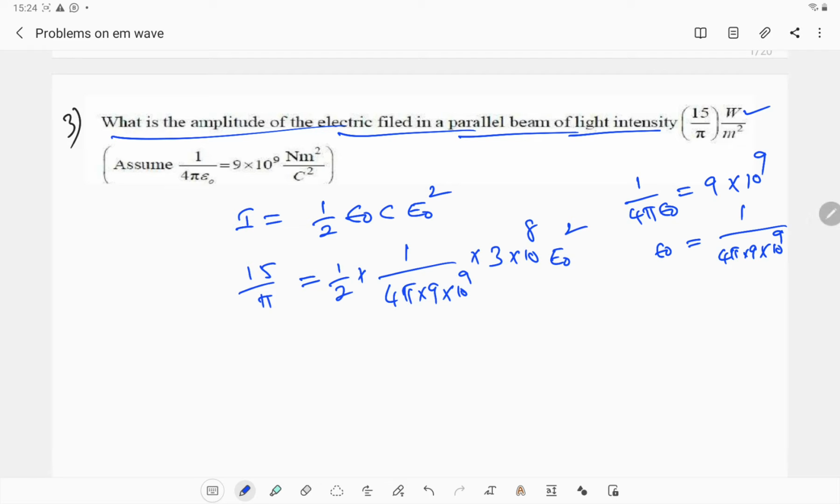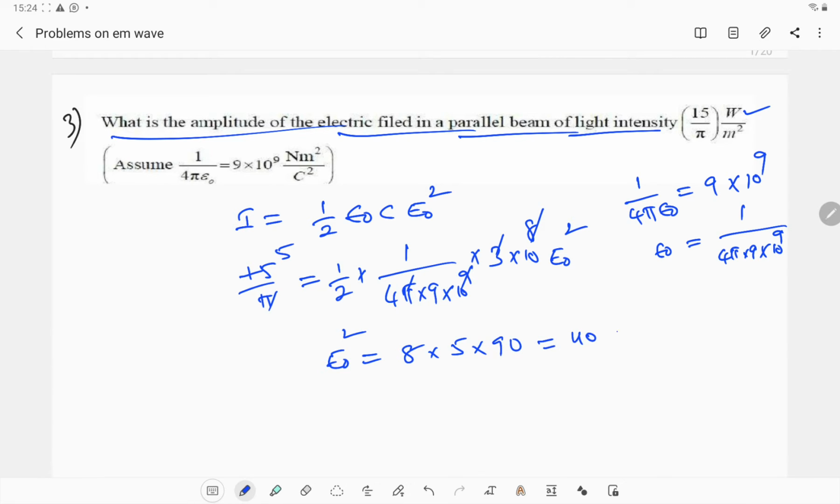From this, pi cancels, 3 fives. E naught square is equal to, here 10 to the power of 8, 8 times cancel. Here is a 90. 4 into 8, 8 into 5 into 90.